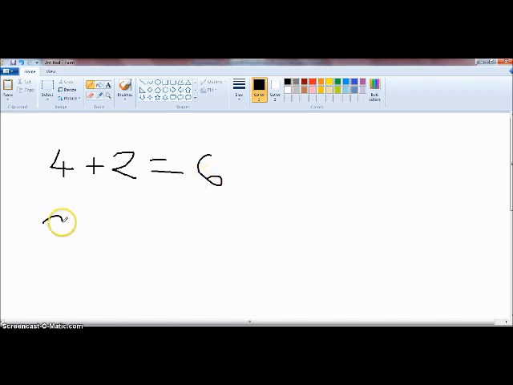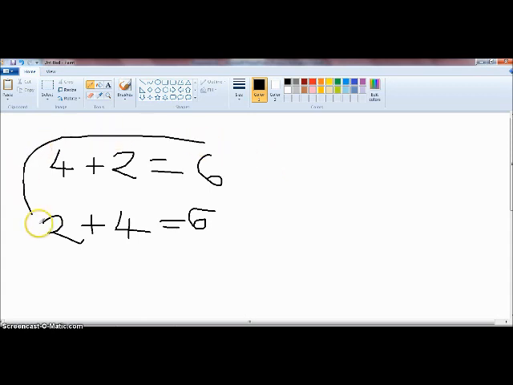How about if the question was stated in this sequence by starting with the number 2 instead of 4? 2 plus 4. Well, you'll notice that the answer is still 6. So, it is the same with multiplication. In this case of addition, we notice that the order doesn't matter.